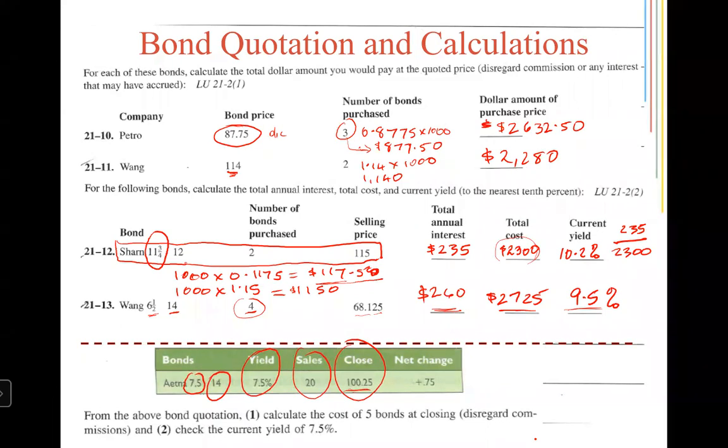The closing for this bond is 100.25% of 1,000. If you find 100.25% of 1,000, that will tell you how much that bond is being sold for today at the end of the day. And then the net change, what does net change mean? What does the change mean?